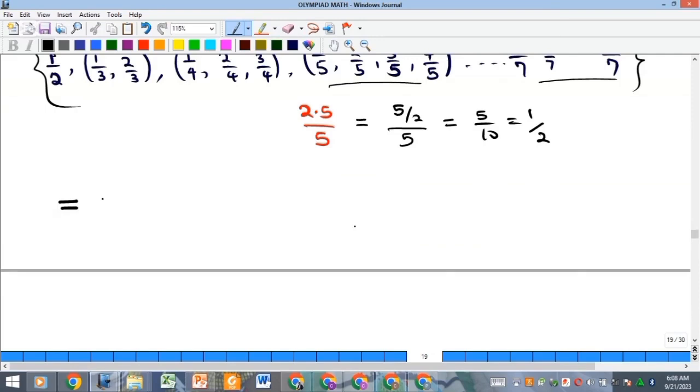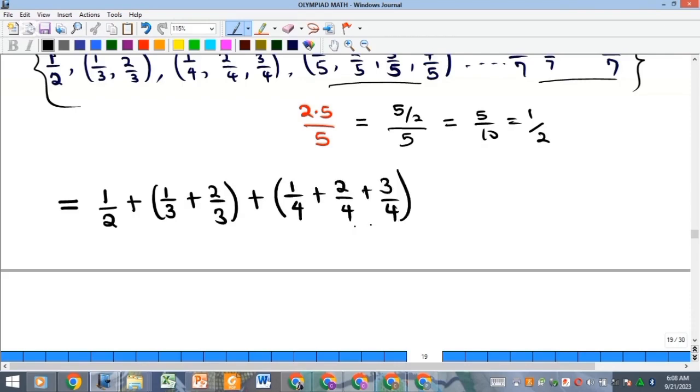So the sum we are looking for will be of this form. You will have half, which is the first one, plus 1 over 3 and 2 over 3 summed together. After that, you will have the ones with denominator 4, then denominator 5, and it will continue that way until you get the ones with denominator 100.